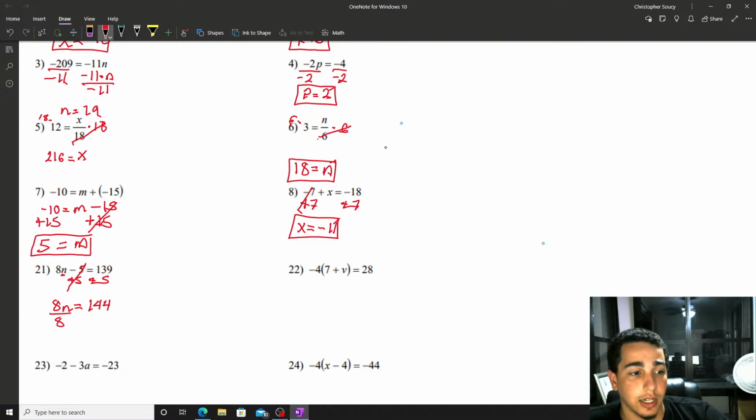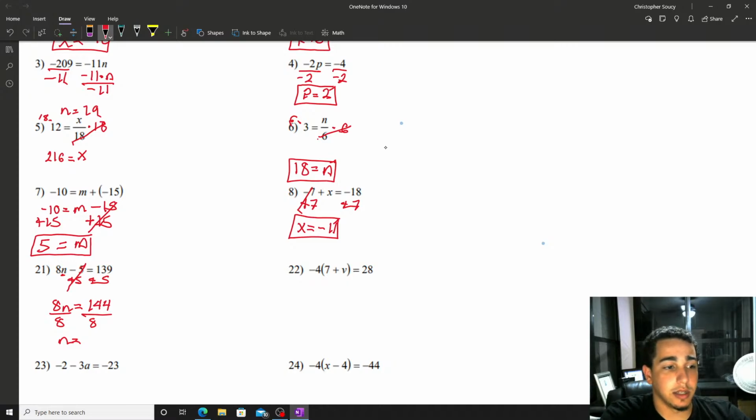Now we're going to divide each side by 8. And we're going to get that n equals 144 divided by 8. Let's see what that is. 144 divided by 8 is 18. Yep. n is 18.